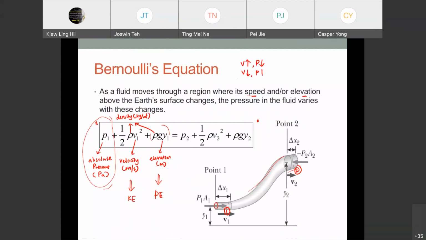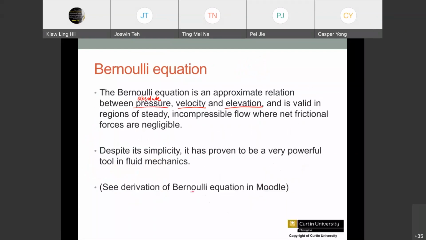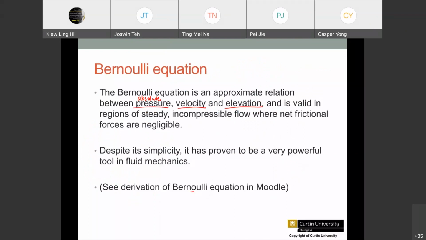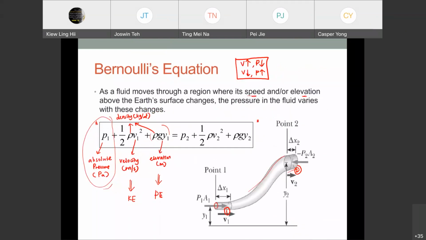The definition is not included here, because we will move on to the equation straight away. If you would like to know the definition, it's something that you have learned in your high school. It's related with the velocity. That is the Bernoulli principle.